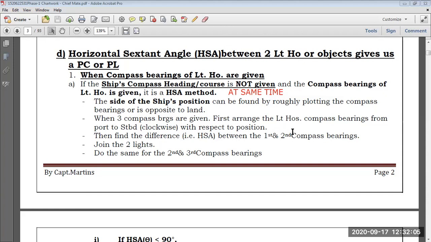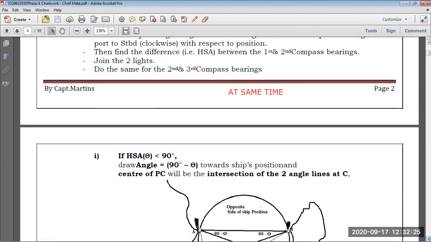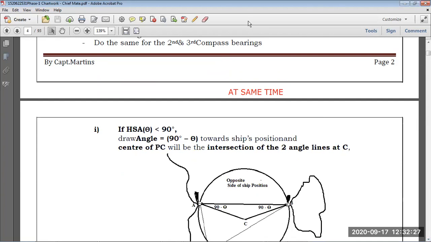The first, we get the lighthouse compass bearing from port to starboard, clockwise with respect to the position. And we find the horizontal sextant angle between the first and second compass bearing, and we join the two lighthouses. We get the difference between the second and third compass bearing, and we join lighthouse 2 and 3. So we always go clockwise in this way.